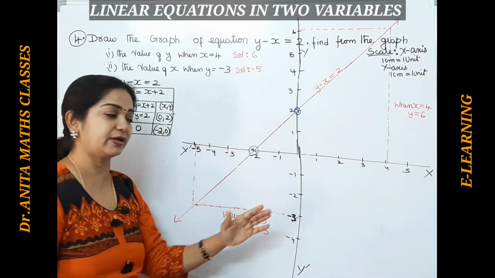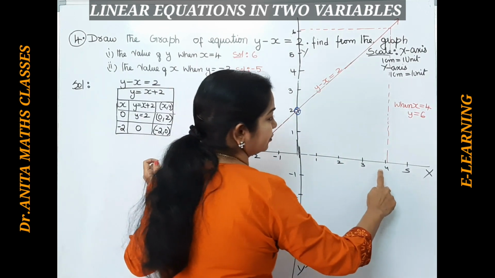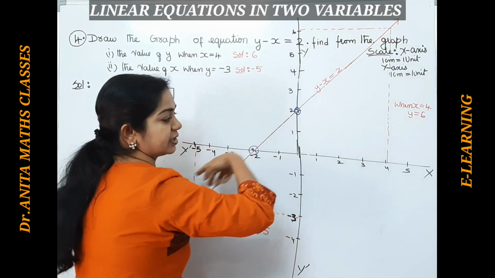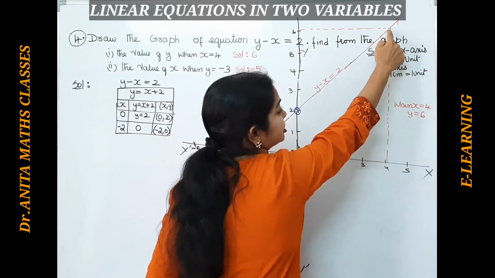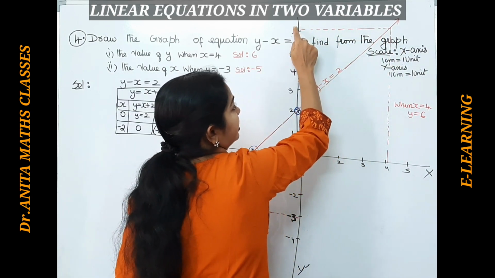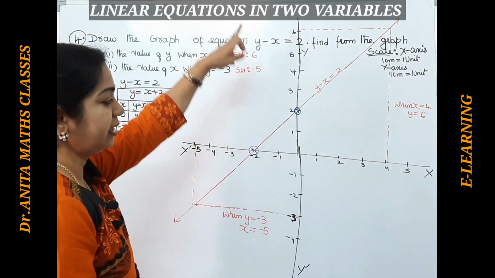Just after plotting the graph, it asked when x is equal to 4. We only had the line till here, so the line can be extended. Extend that line from 4, draw a dotted line that will touch our linear equation at some point. From there, if you draw a dotted line, that is the 6 on the y-axis.